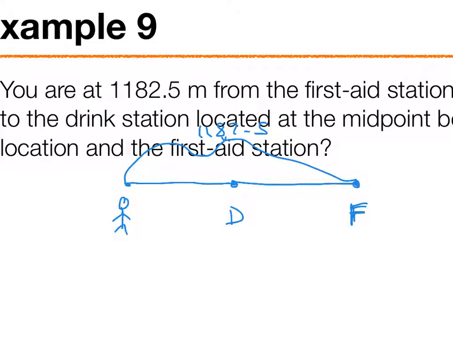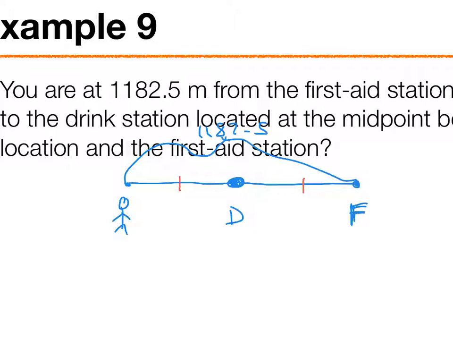And this is saying that the drink station is the midpoint of you and the first aid. So that would mean that from you to the drink station is equivalent to the drink station and the first aid. That's a 0.5. We're using this 1,182.5.